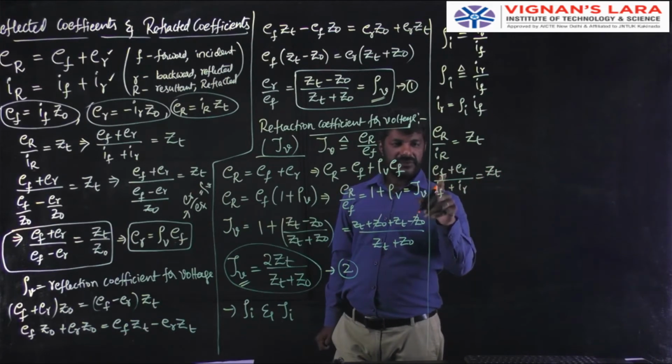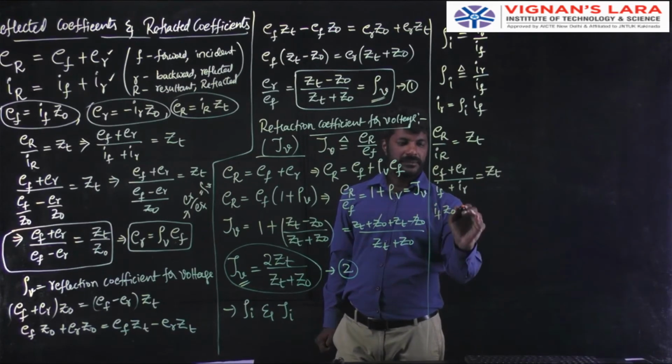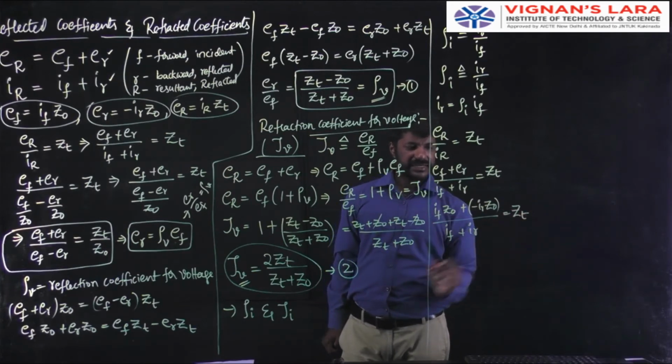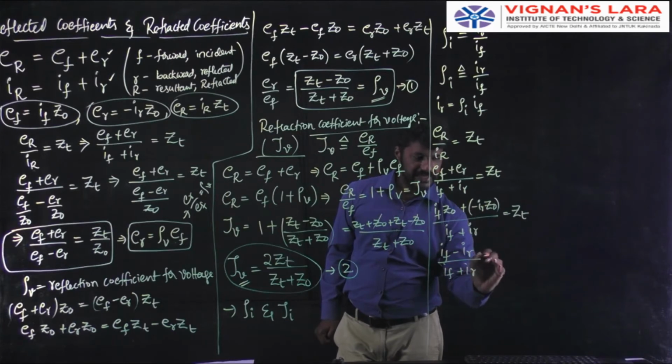Here EF is equal to IF Z naught, and ER is equal to minus IR Z naught, and the denominator is written as IF plus IR. The ratio is equal to ZT. Then Z naught is taken as common. You can write this as IF minus IR by IF plus IR is equal to ZT by Z naught.